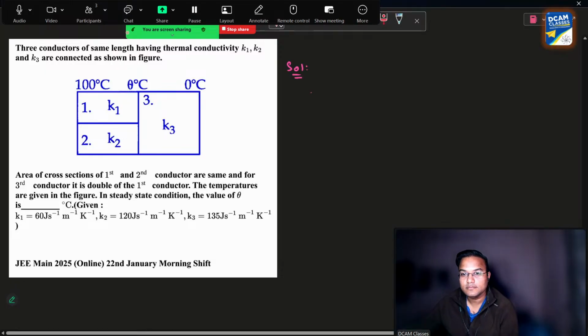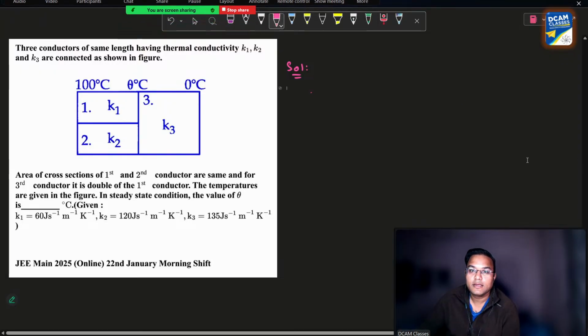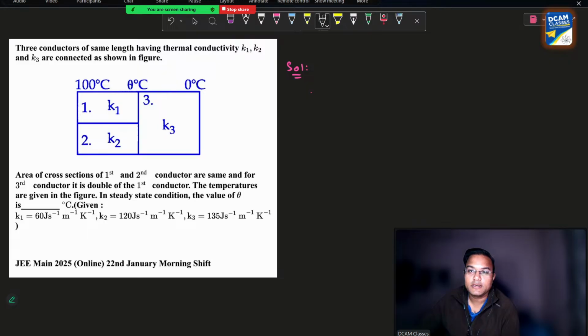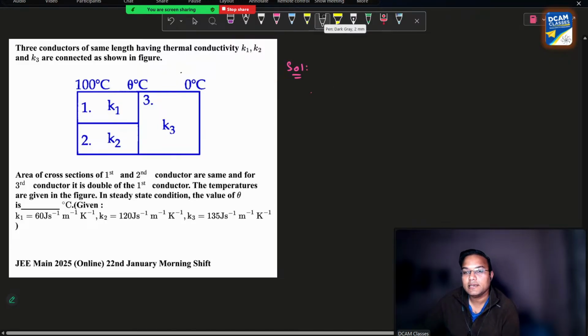One minute. Actually, see what this configuration is. These 1 and 2 are in parallel, and this third is in series with 1 and 2.